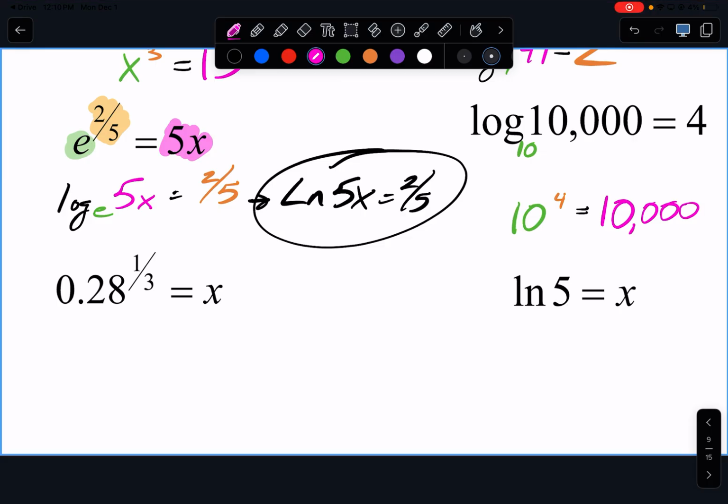The one on the right does take a little bit of extra thought. If it helps you, this is actually y in the form that we have it in.